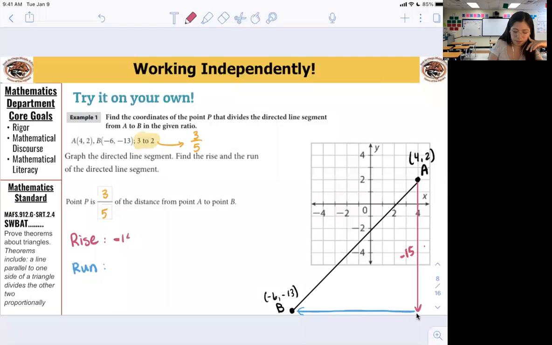Negative 15. What about the run? Good, negative 10. Okay. Questions on how we got negative 15 and negative 10?